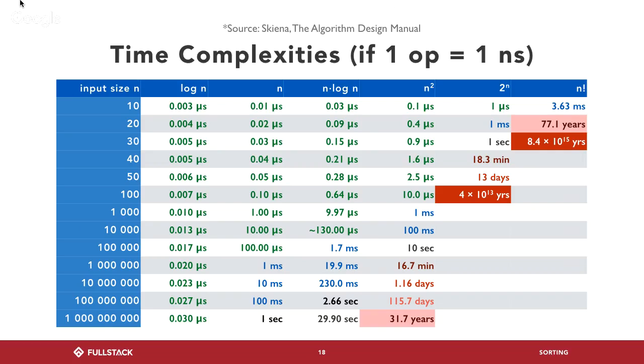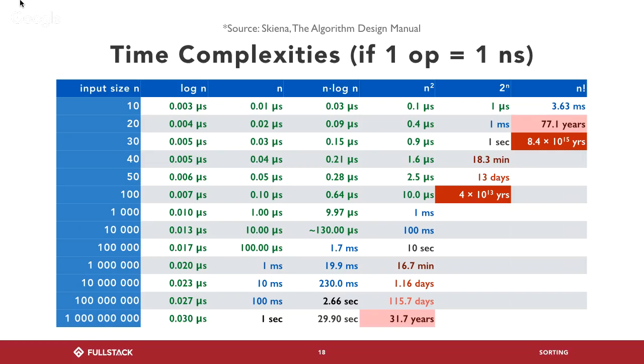N log n starts to increase a bit, but if you look at n squared, all of a sudden, we've gone from 19.9 milliseconds, which is manageable, to 16.7 minutes, which someone's not going to wait around for if they're on your web page and you go into the database and you're doing some kind of comparison. And if your algorithm is n squared, you're going to be in a whole heap of trouble.